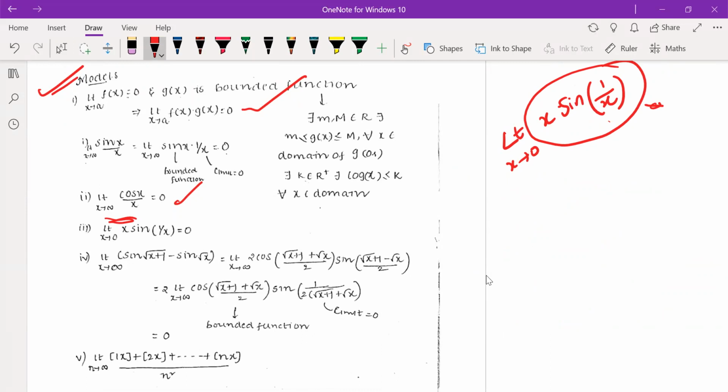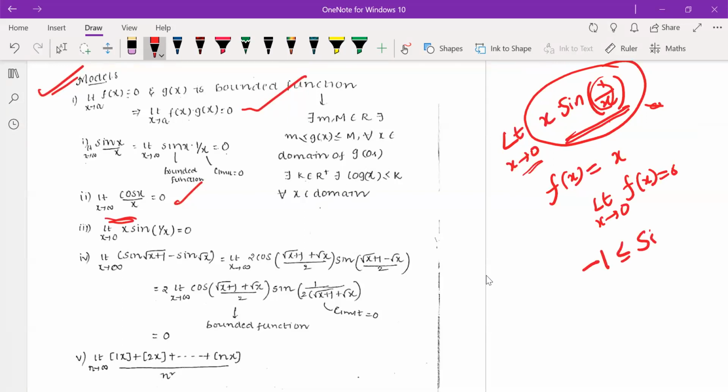So we'll take the neighborhood of 0. Let f of x be x; limit x tends to 0, f of x will be 0. Even when 1 by x reaches a very large value nearby infinity, the sine of it is always between -1 and +1.